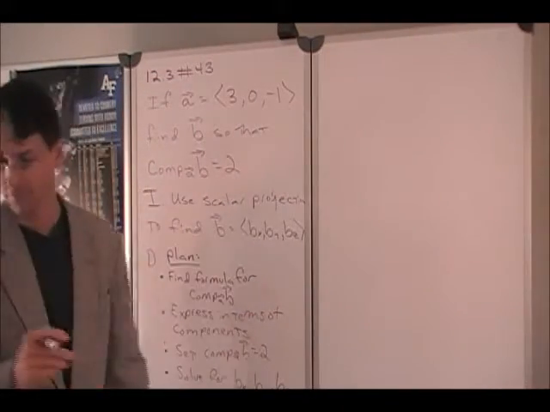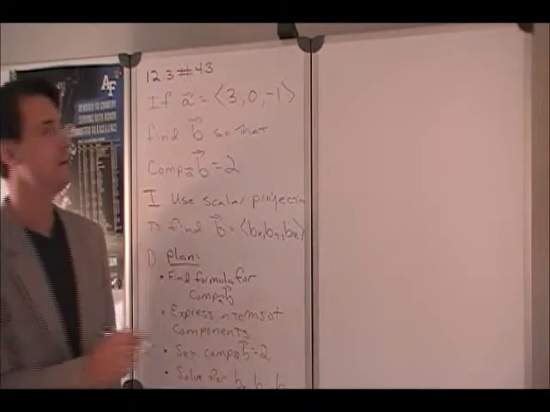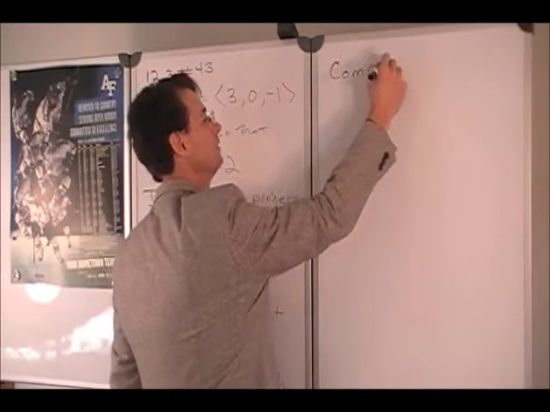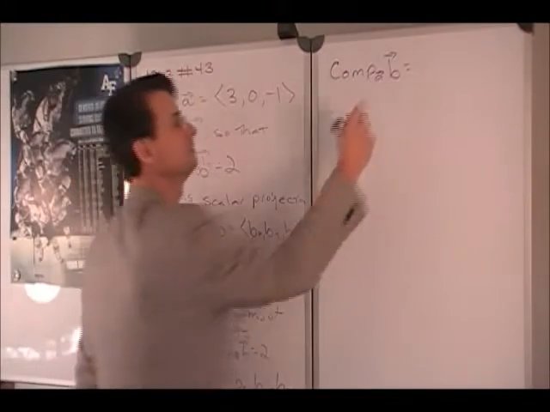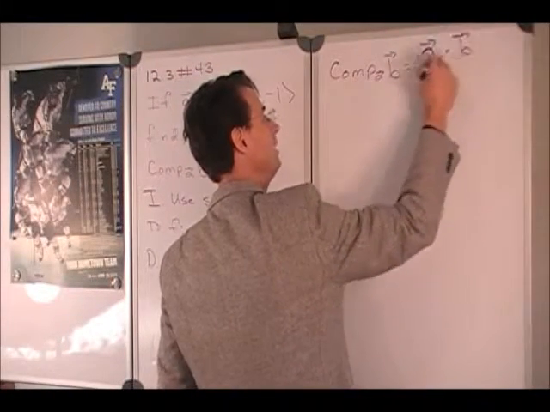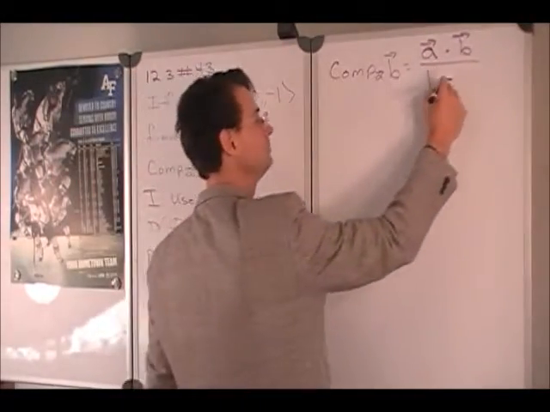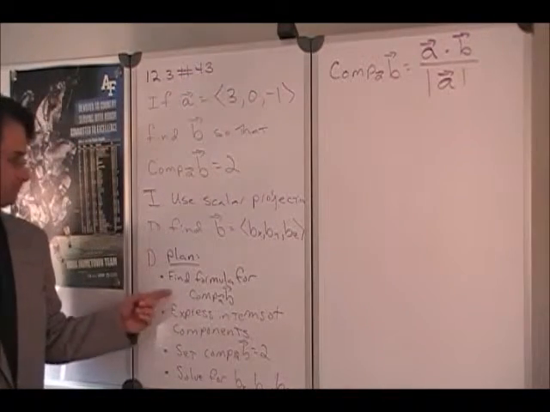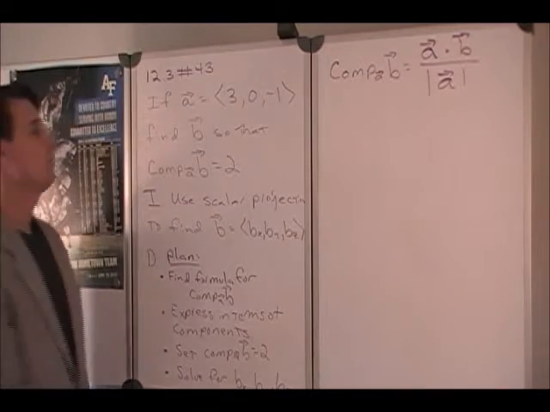Alright, so flipping back a couple of pages to the formula. This is equal to the vector A dotted with the vector B over the magnitude of vector A. Now to express this in terms of components, what would we do?